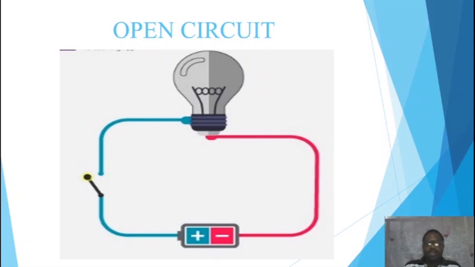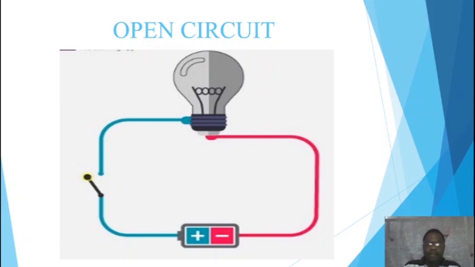Okay, now look at this circuit diagram. When we come to the circuit diagram, we have two types of circuit. We have the open circuit and the closed circuit. For instance, this particular one is an open circuit. An open circuit is a circuit in which the current has not started flowing because there is no complete connection in the pathway of the flow of current.